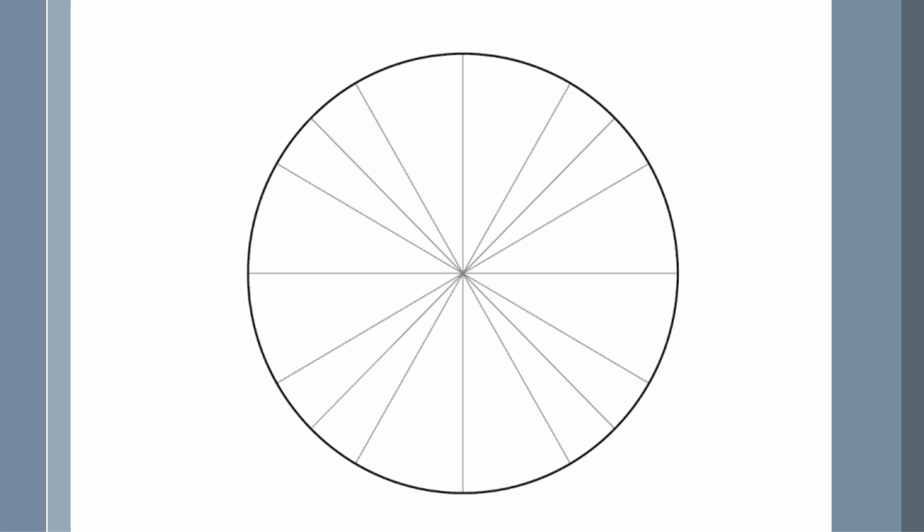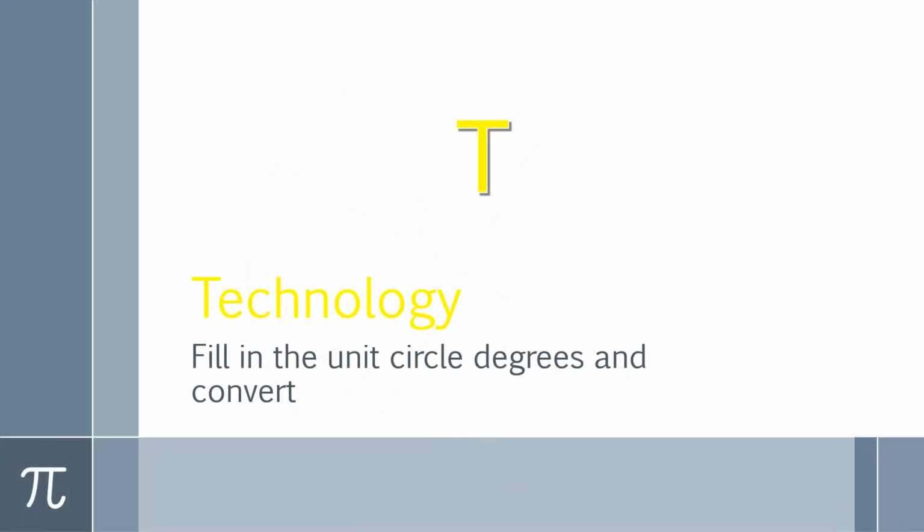I want you to create this unit circle. T, technology. So we're going to probably fill in the unit circle and the degrees and convert. Hands on. It's going to be that same thing.